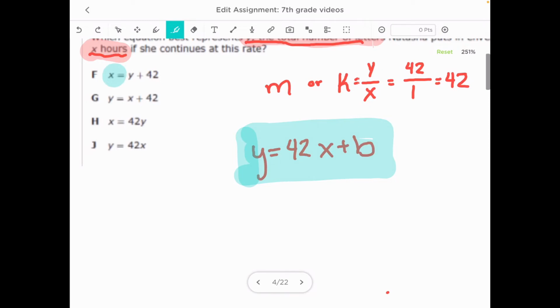I can eliminate F because I don't know why they have x equals, when I know the formula on my reference chart says y equals. So I can eliminate that one, and I can also eliminate this one right here. So I am down to a 50-50 chance of getting one of these correct, okay?